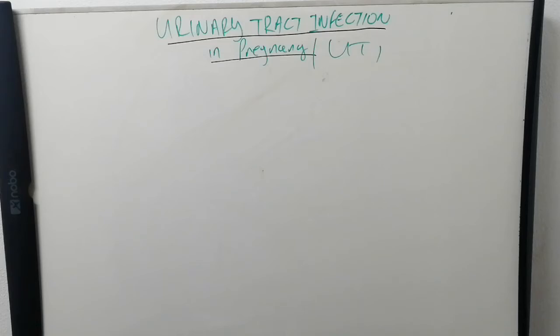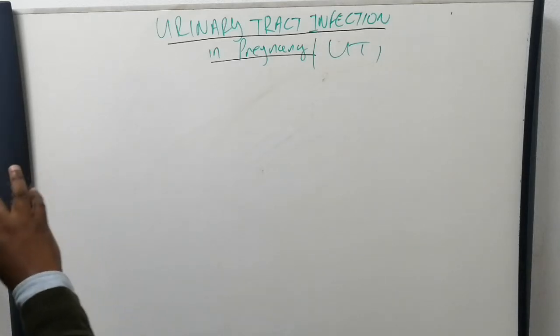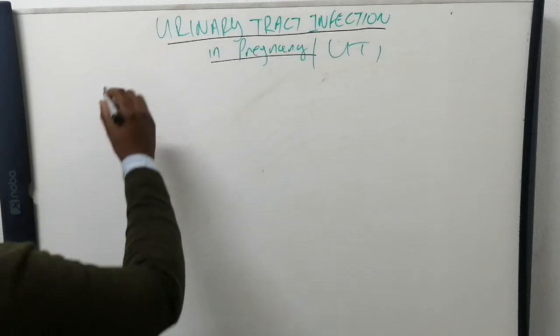Since it is the most common infection, I thought it's worth talking about it, right? So when we talk about UTI, we are talking about infection that affects the urinary tract.